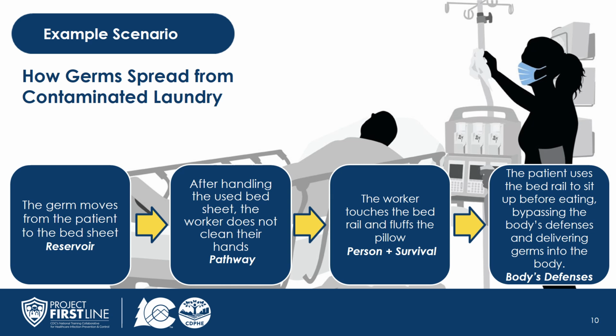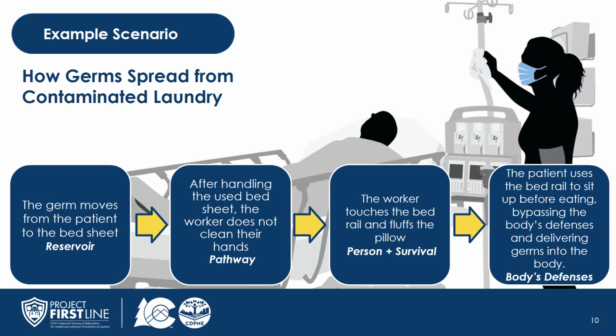While helping the patient, the worker touches the dirty bedsheet. After handling the dirty and used bedsheet, the worker does not clean their hands. Through the pathway of touch, the germ has moved out of the reservoir and onto the worker.